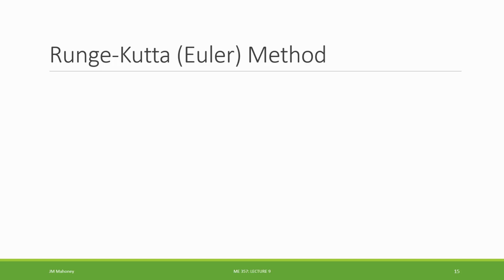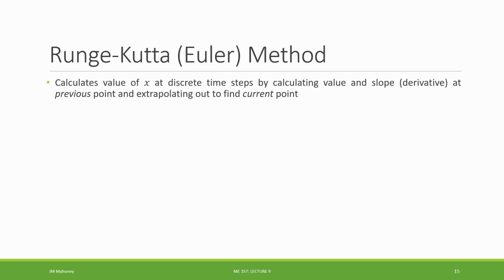So let's go through the very basics of how this works. It is certainly more complicated than this, but this is going to be the broad strokes of what it's doing in the background when you ask to solve an ordinary differential equation. The basic premise of how a numeric solver works is it calculates a value of x only at those discrete time steps that either the software is determining or that you have told it to use beforehand.